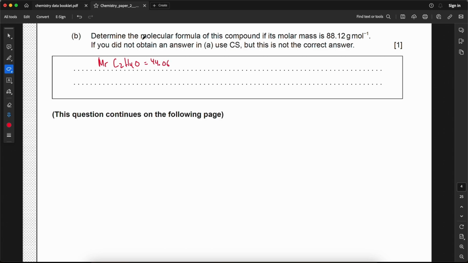So if we want to determine the molecular formula, we need to divide the molar mass by the mass of the empirical formula, which is 44.06, and we get the ratio is 2. So the molecular formula of this compound would be 2 times C2H4O, so C4H8O2.